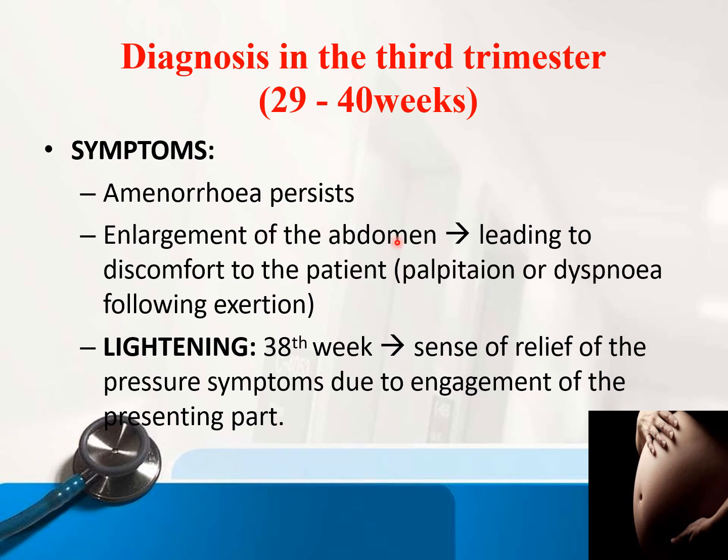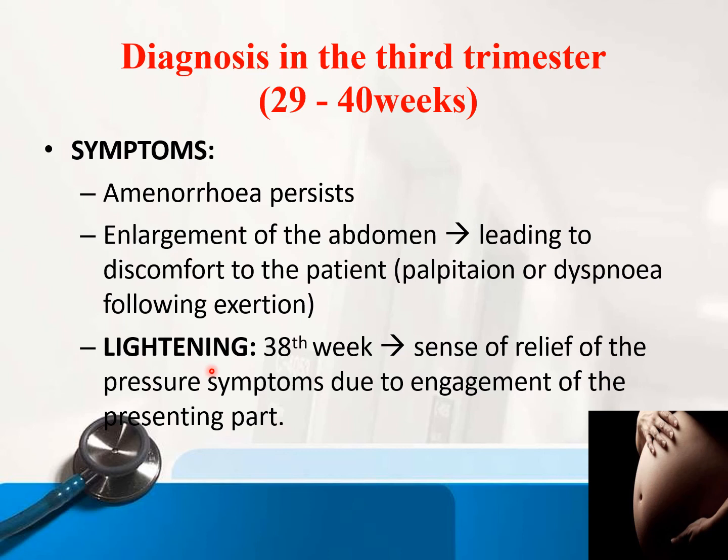Finally by 38th week, the lady will be getting a discomfort due to the large abdomen, because this gravid uterus or uterine fundus will be applying pressure over the diaphragm, and that leads to palpitation and dyspnea. Even if she is doing mild work, she will get that exhaustion. And after 38th week, lightening will occur.